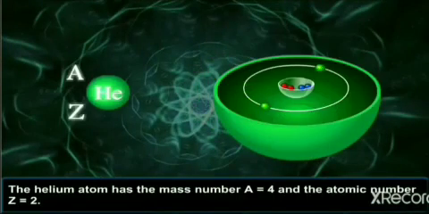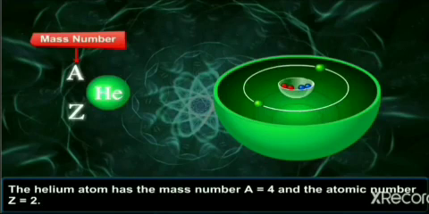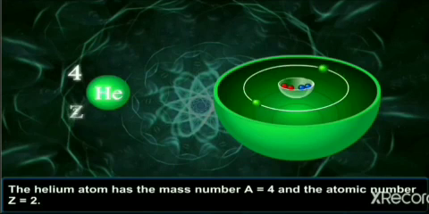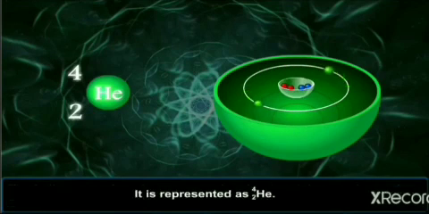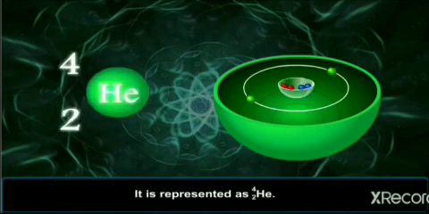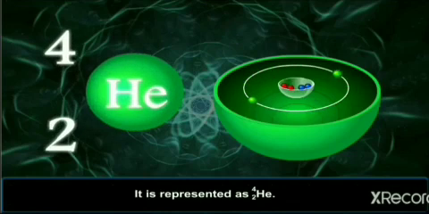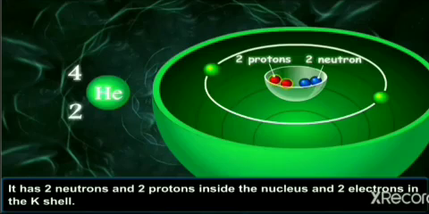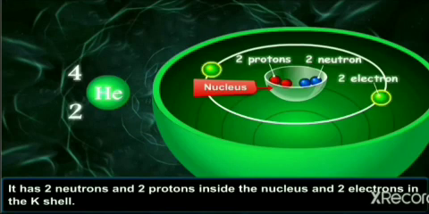The helium atom has the mass number A equal to 4 and the atomic number Z equal to 2. It is represented as He with mass number 4 and atomic number 2. It has 2 neutrons and 2 protons inside the nucleus and 2 electrons in the K shell.